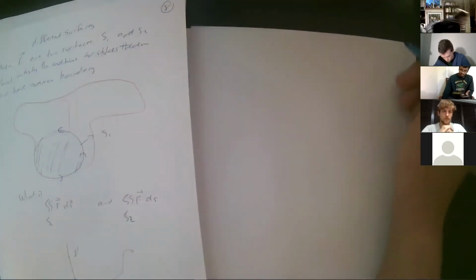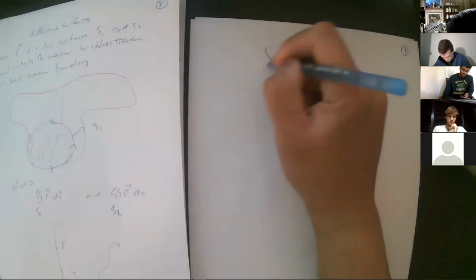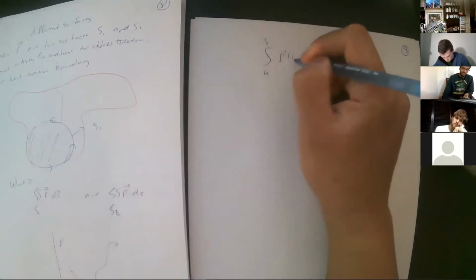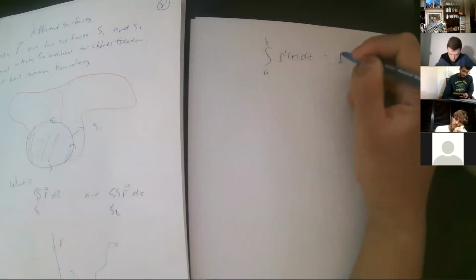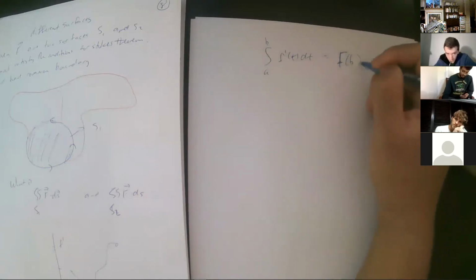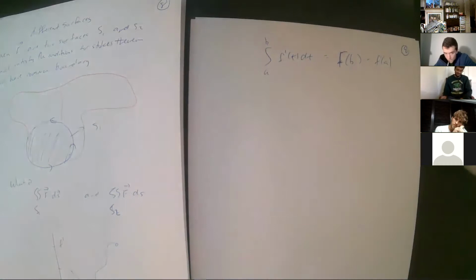Let's pretend that picture didn't exist and we'll draw a better picture. So if we have this integral from a to b of f prime of t dt, and we know this is equal to f of b minus f of a, right?